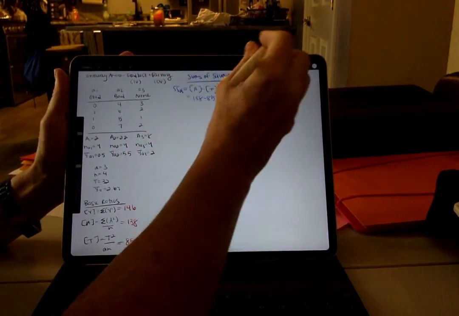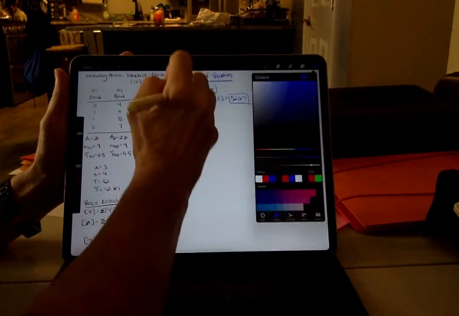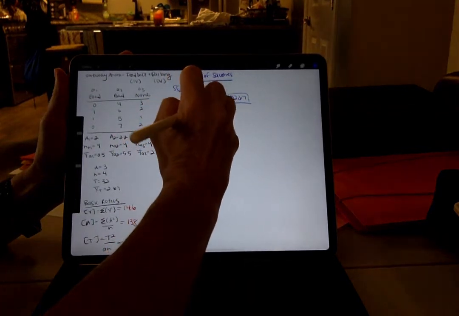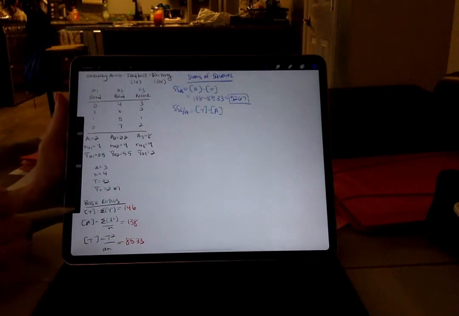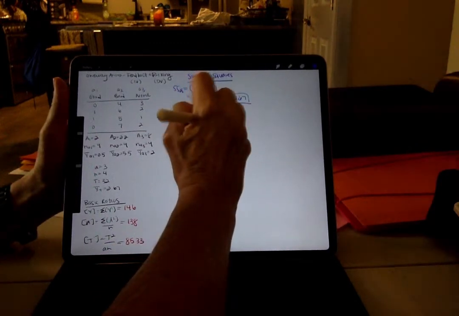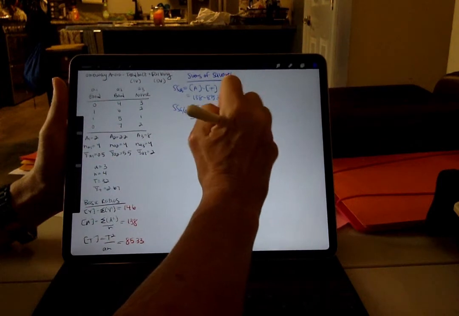Our next sum of squares is our sum of squares S over A, and the formula for that is the basic ratio for Y minus the basic ratio for A. So we have 146 minus 138, which equals 8.